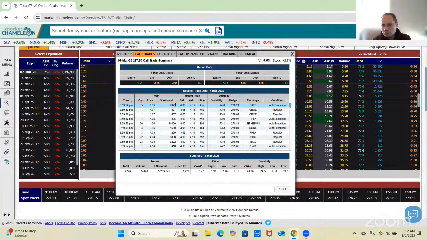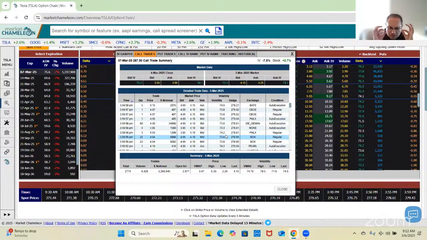Then we could reference where the bid and offer were relative to that trade price at that time. You can see that the bid was $4, the offer was $4.15, so the trade happened right on the ask. What about the volatility?